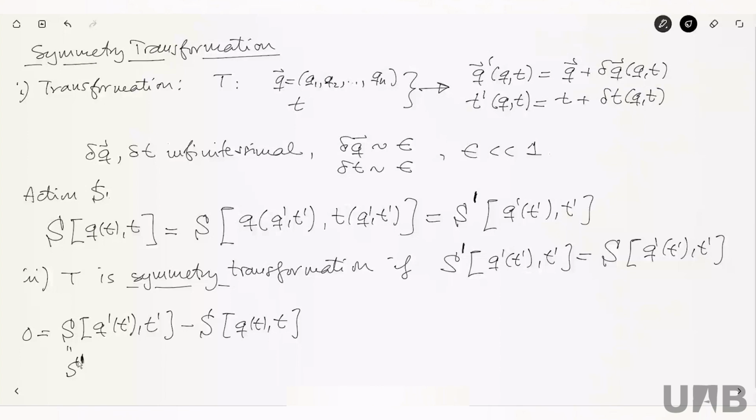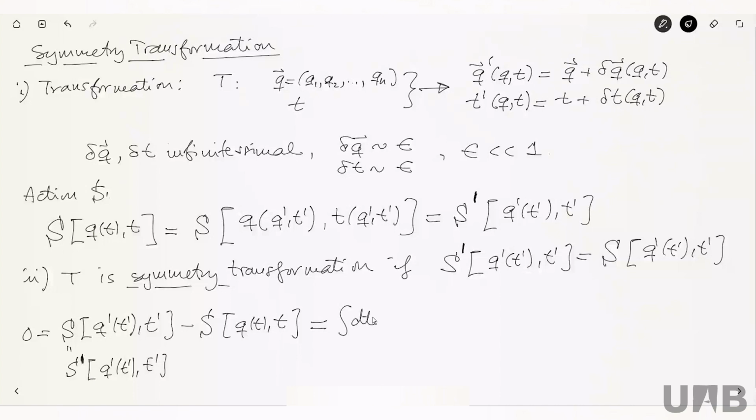So now I have to write first, if you wish, I can make it explicit, the expression for the action after I make the transformation. Well, it's S prime of the prime variable.